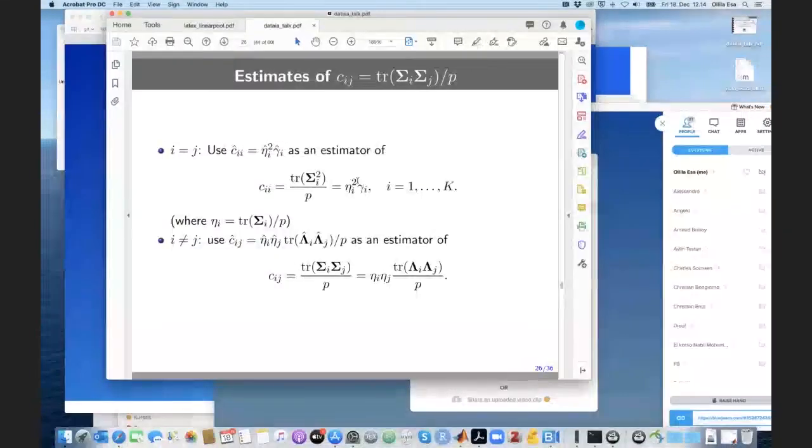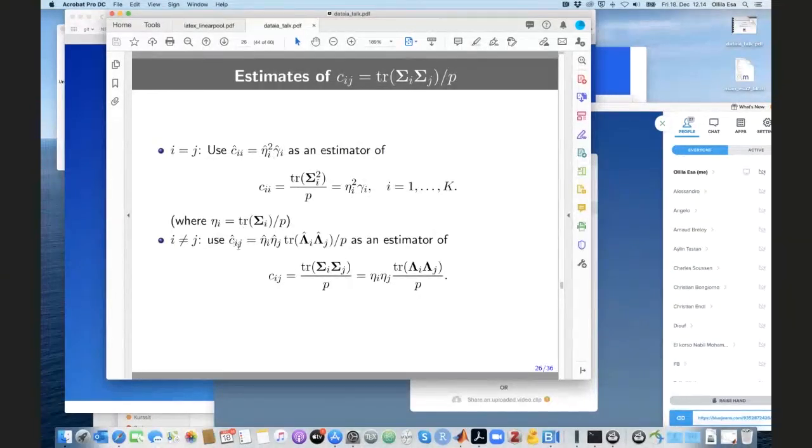We already have an estimate of the scale, and as I explained previously, we have a good estimator in high dimension of the sphericity. So why don't we use that? Then we have the following estimate of the diagonal term.